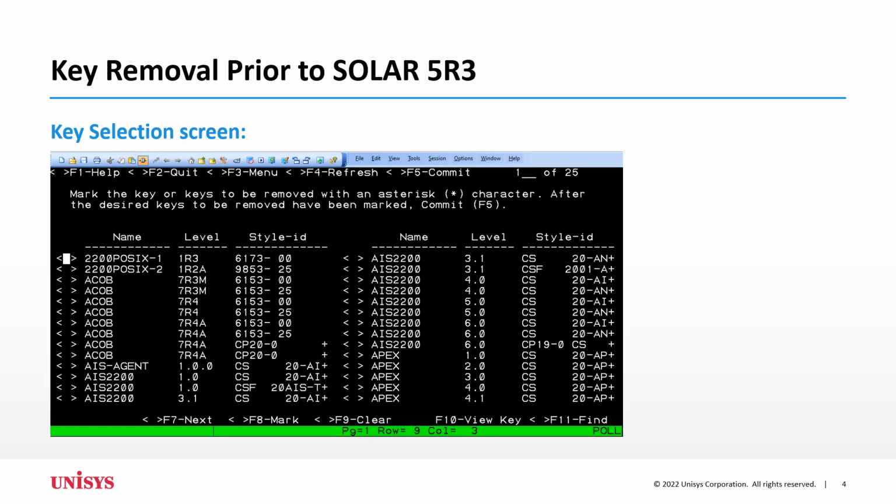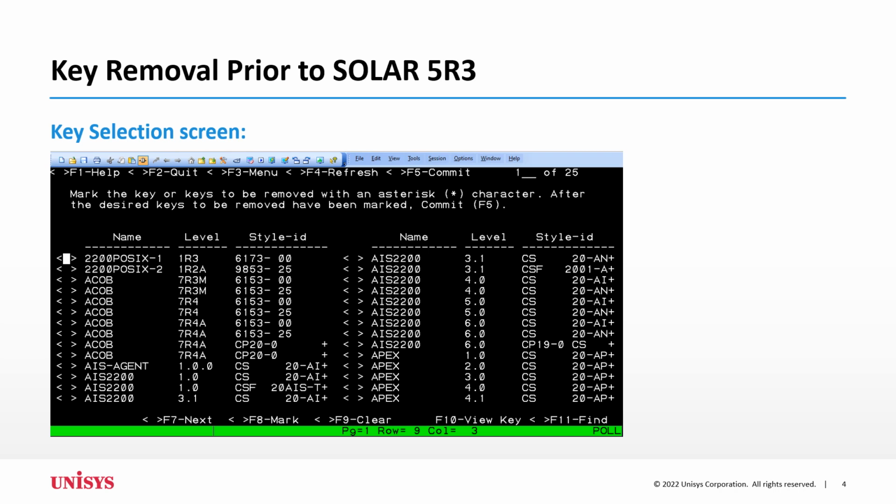Prior to Solar 5R3, keys could be removed, that is, unregistered, but it wasn't always convenient. For example, by selecting the Software Library Maintenance Remove Keys function from the Solar Full Screen Interface's main menu, a key selection screen listing registered keys is displayed as shown here.